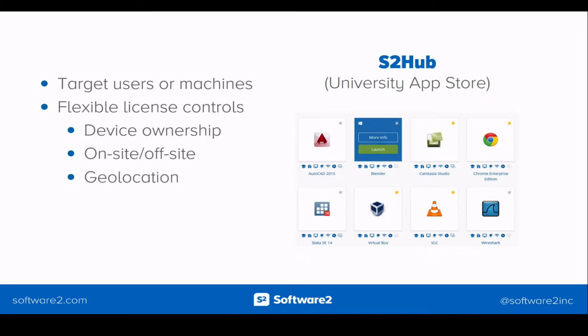We can also add geofencing. So if the license is only within our country, we can set that. And we can also manage any license as a concurrent license. So if we only have 100 licenses for an application, we can set that limit of 100 licenses and we can manage that through S2 Hub.